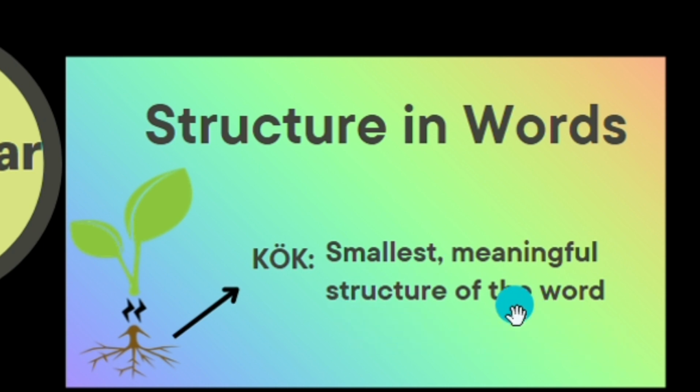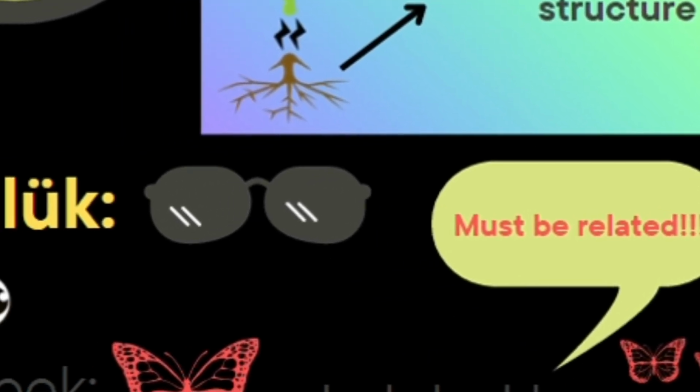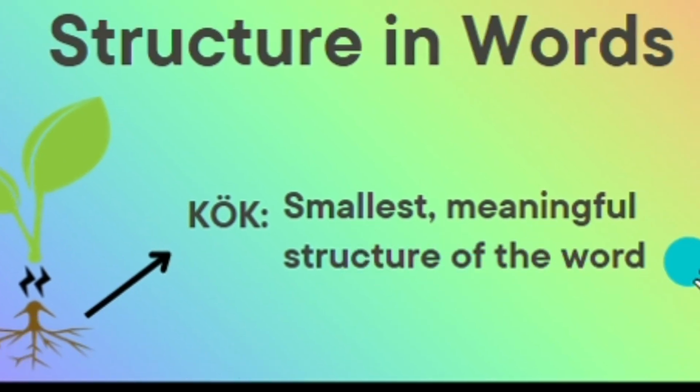But it must be related. What am I saying? I say like this. For example, gözlük. Gözlük is a word in Turkish and it means eyeglasses. Glasses. Okay. What is the smallest meaningful structure of the word?